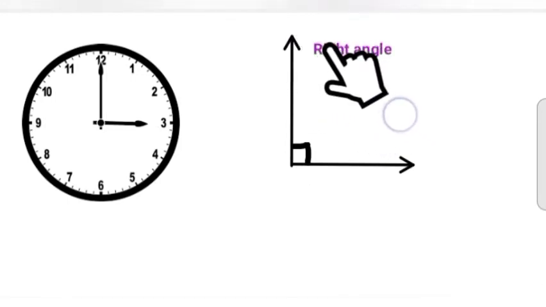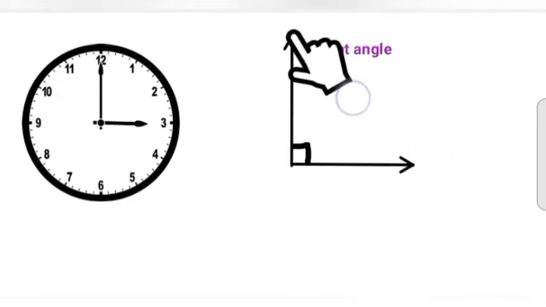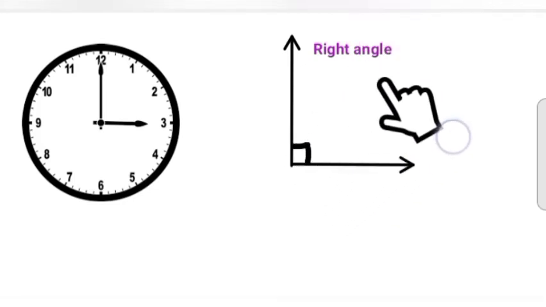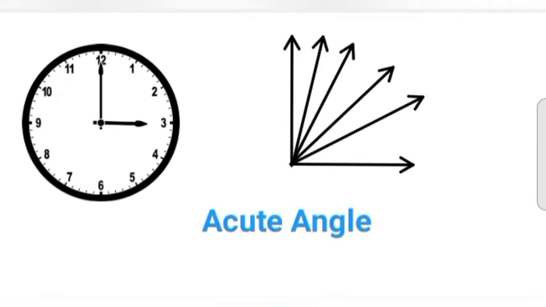In between this angle, if you draw any ray, it creates an acute angle. Look at this diagram. First we created the right angle. In between this, if you draw like this, you can get many acute angles. By just looking at the shape of the angle, you can find out whether it is an acute angle or a right angle.